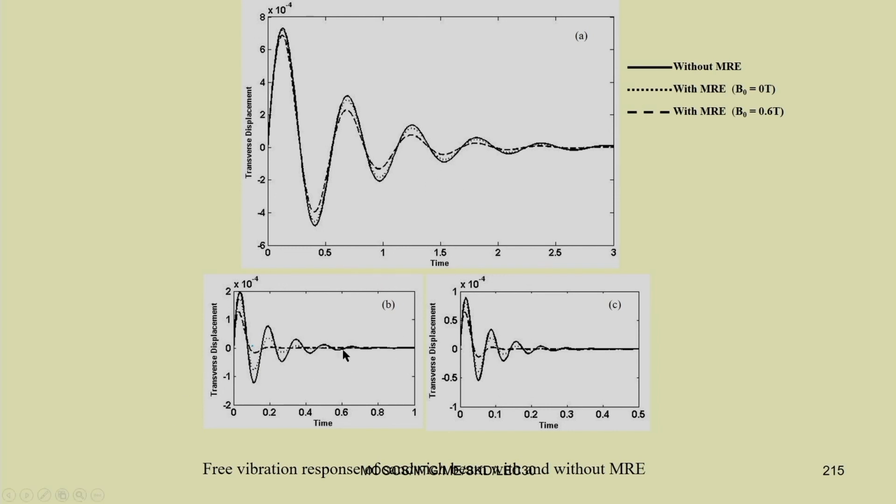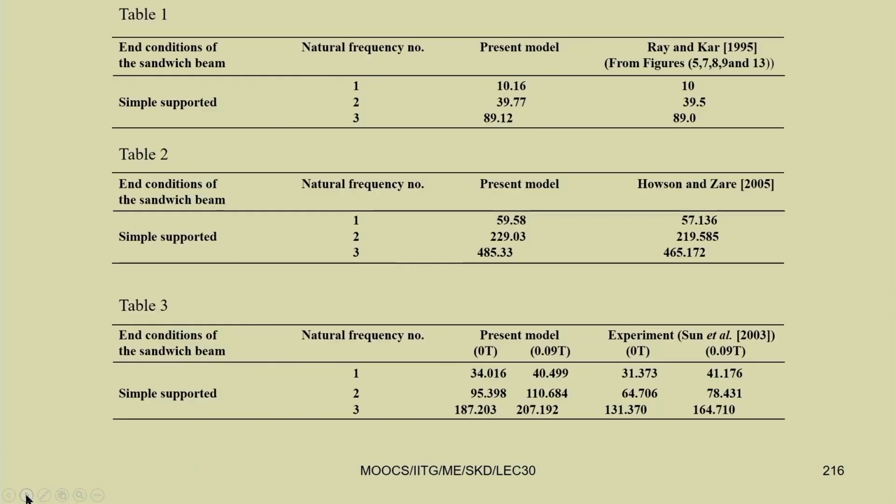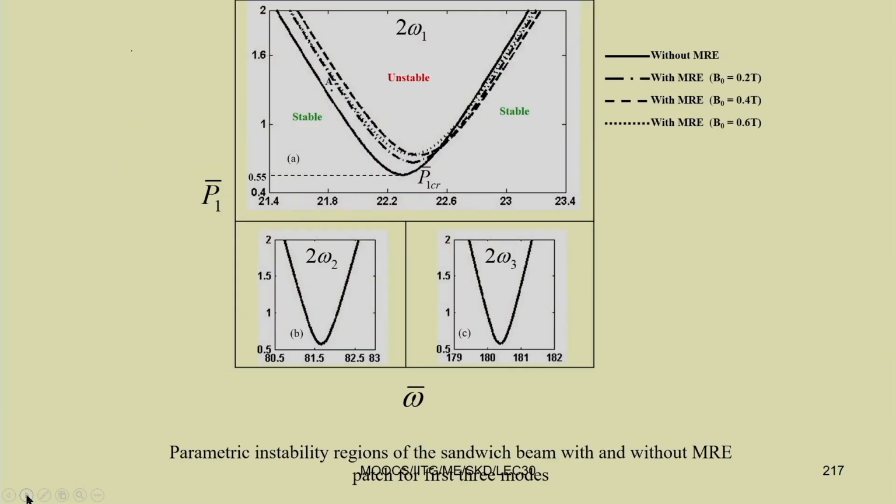In the first case, without the field, it is vibrating up to this, but with a magnetic field, you can see the vibration settles down here. The peak value is also very low. Without the magnetic field, the peak value is very high, and with the magnetic field it is very low. This way you can control the vibration of a sandwich beam by applying this magnetic field.